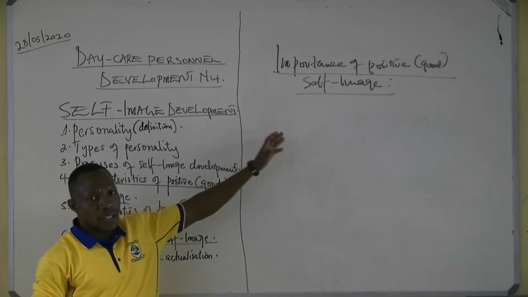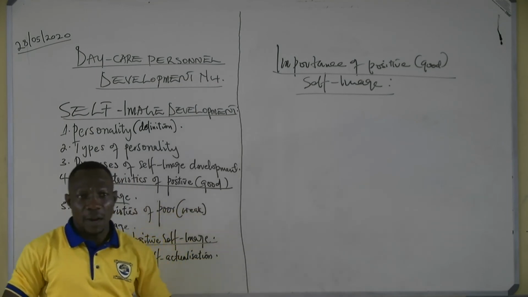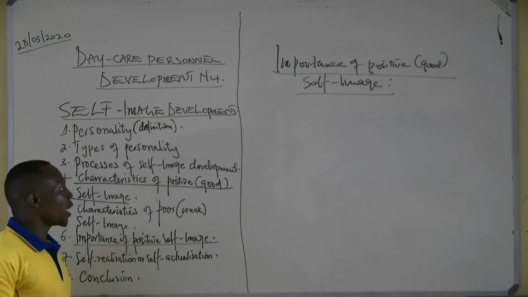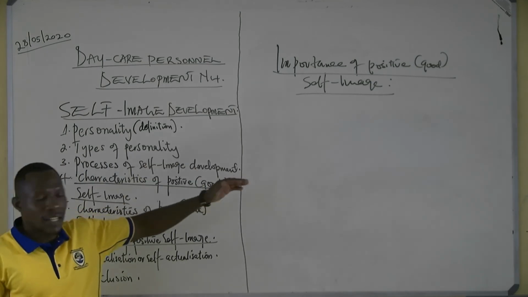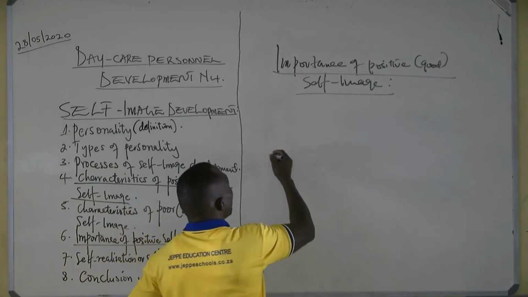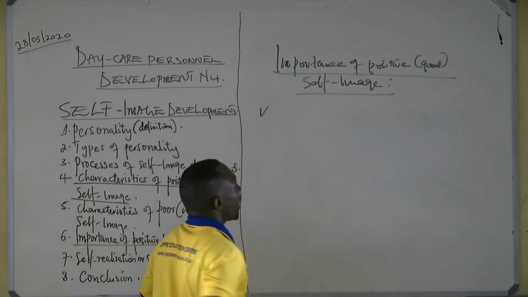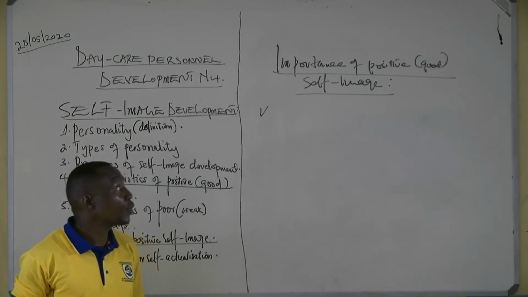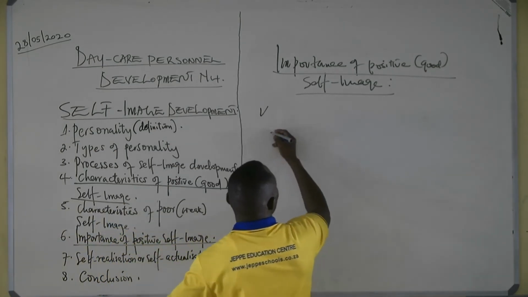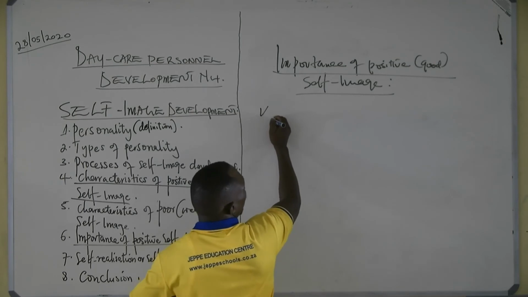Now, when you're giving the importances of a positive self-image, this can reflect the way different individuals bearing good or positive self-image characteristics behave in the societies where they stay, which is contrary to those people bearing the negative, poor or bad self-image.